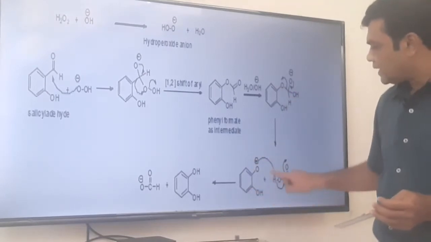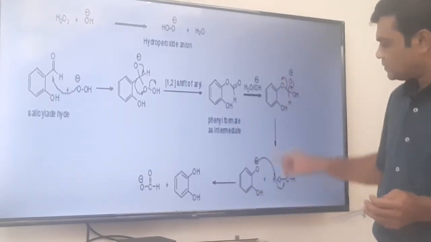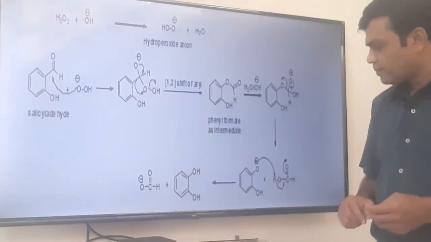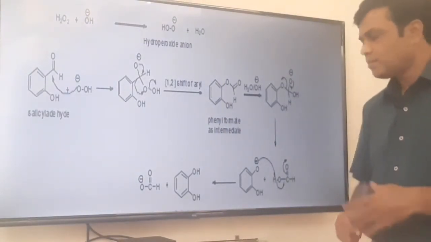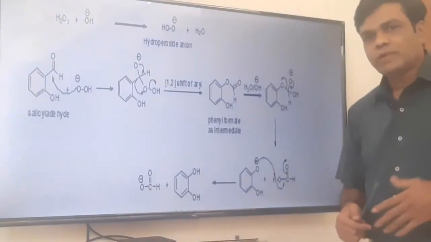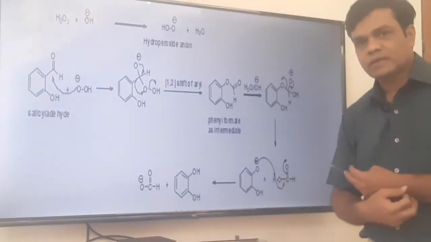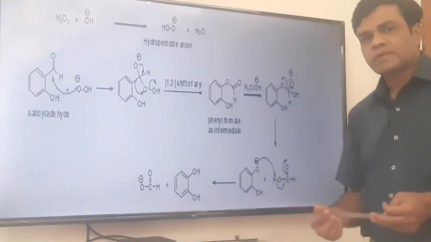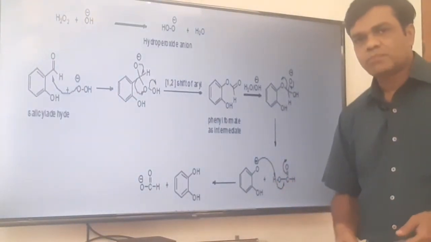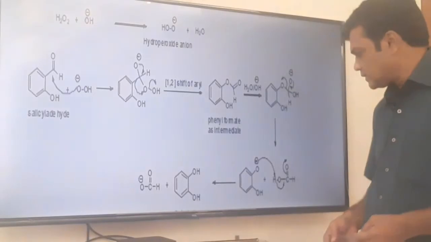Now this oxide ion, which is formed after breaking of this bond, is unstable. Obviously it needs a proton, it will stabilize after abstraction of a proton. So from where will it get the proton? Of course from this COOH group, because we know that carboxylic acids are proton donors as per the Lowry and Bronsted concept.